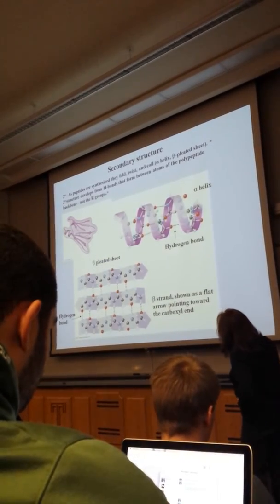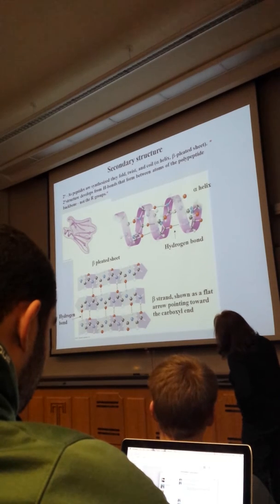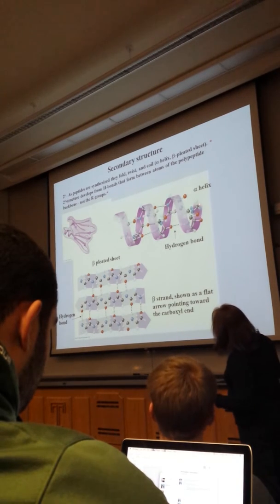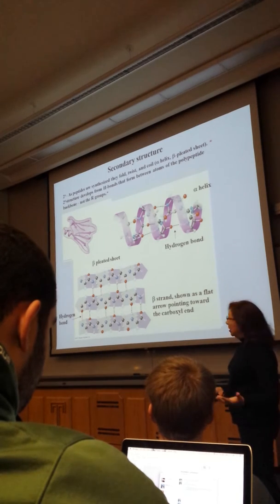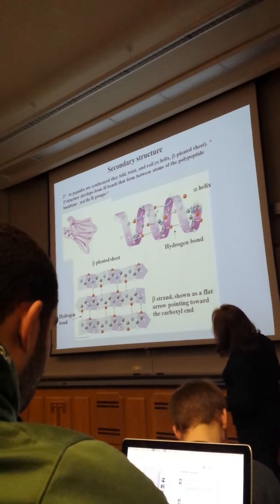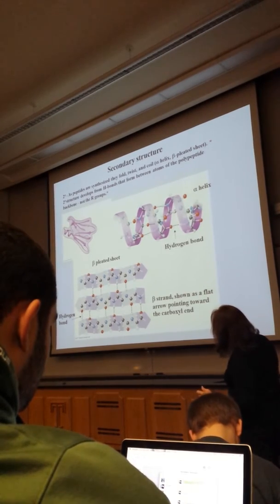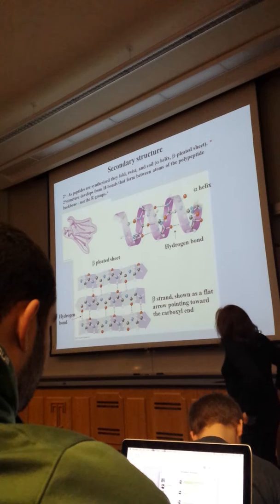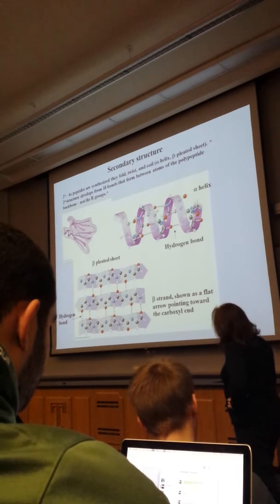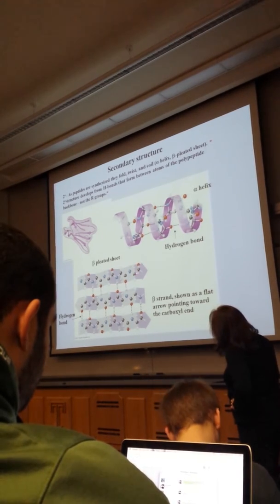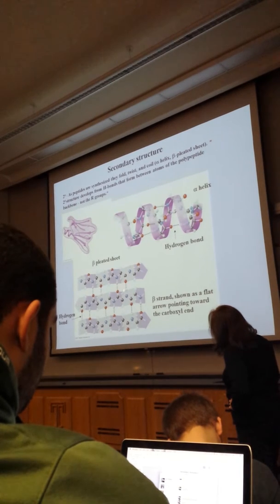And because of these hydrogen bonds, secondary structure will actually form what we call an alpha helix, where the polypeptide forms a helical structure, or the polypeptide can, using hydrogen bonds, form what we call a beta pleated sheet.